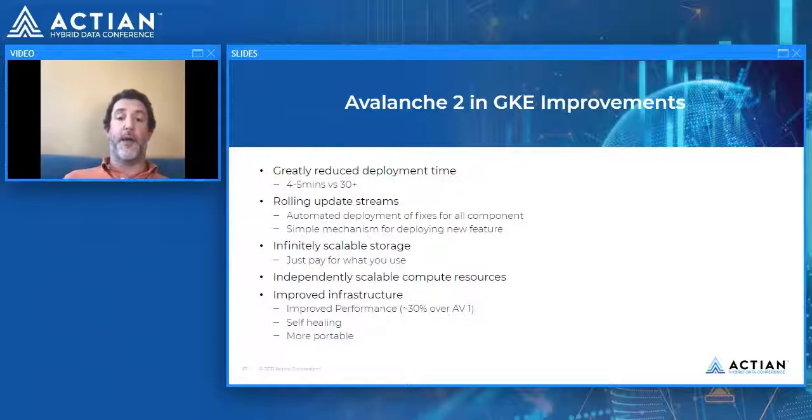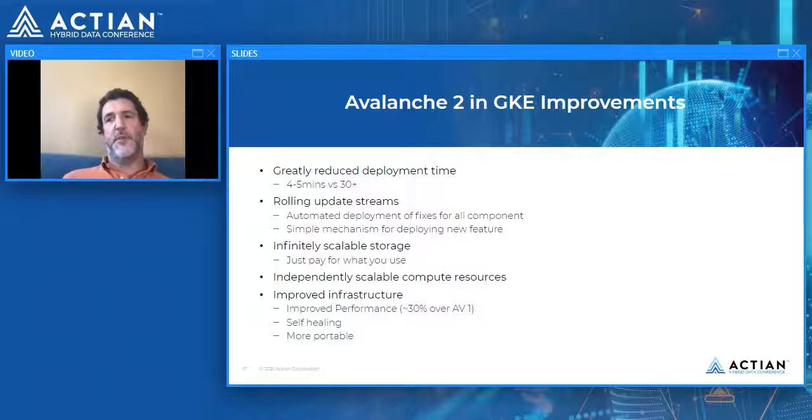Secondly, it's given us a rolling update stream. Thanks to the benefits of containerization and Kubernetes and the tools involved in that, we now have a well-defined versioning for each deployment and an automated mechanism for deploying fixes to all components in that level.